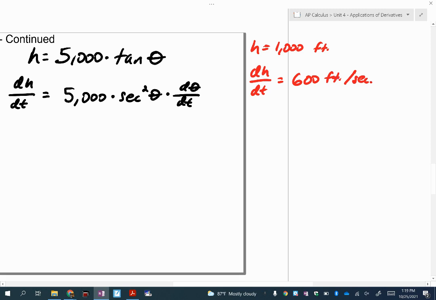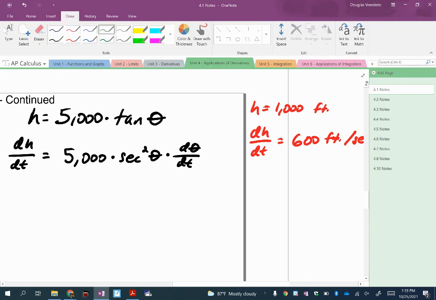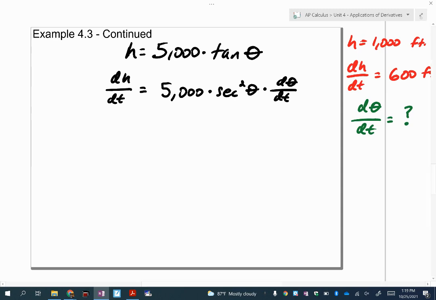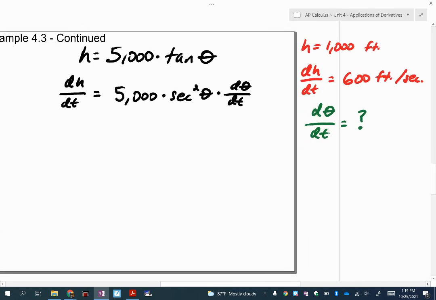So again, here's my unknown. My unknown that I want to solve for is the derivative of my angle, theta, with respect to time. So that's what I'm solving for. But I'm not ready to solve just yet. I'm going to do a little side step here.